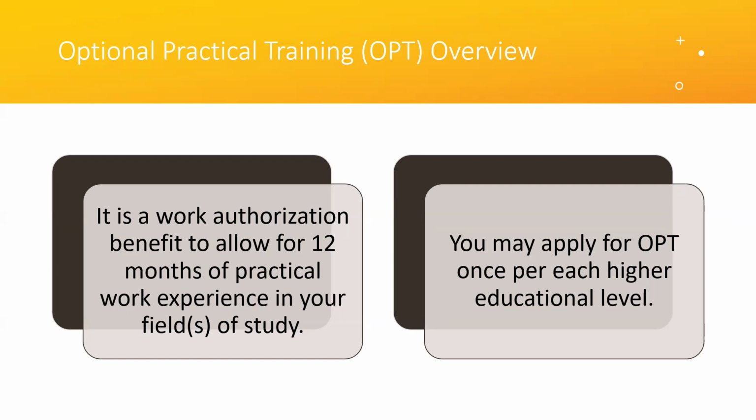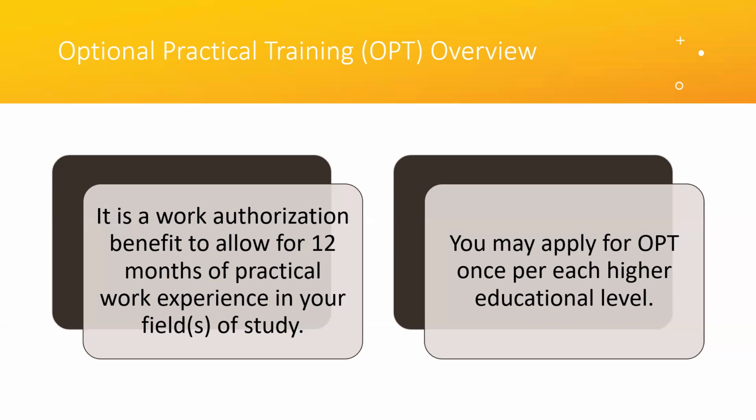Now, if you apply for OPT after your PhD, and then in the future you decide to do another degree, maybe a master's degree, at that point, though, you could no longer apply for OPT because you've already used it at a higher degree level. So you are allowed once per each educational level, but you must always be going towards a higher educational level.